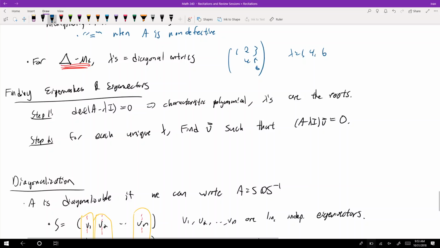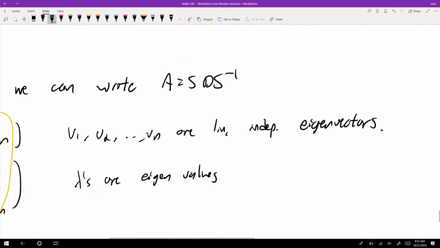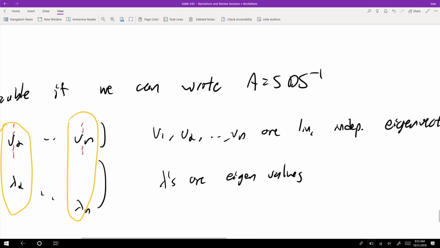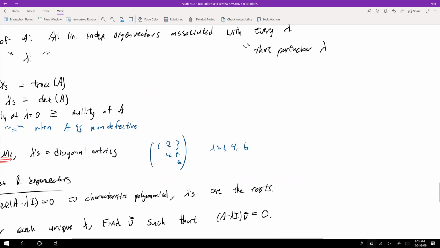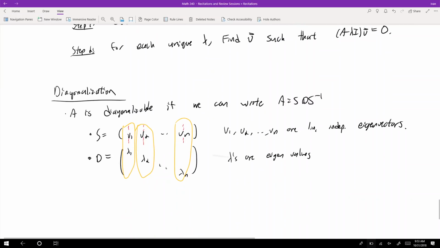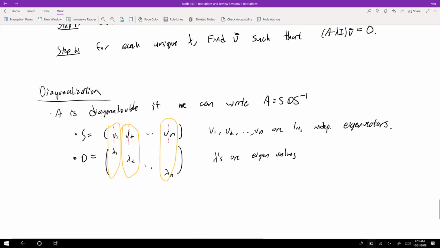Up here you didn't know what they were, but down here you already know what the lambdas are. It doesn't matter whether it's upper or lower triangular, it just has to be triangular. That's why I didn't specify upper or lower.